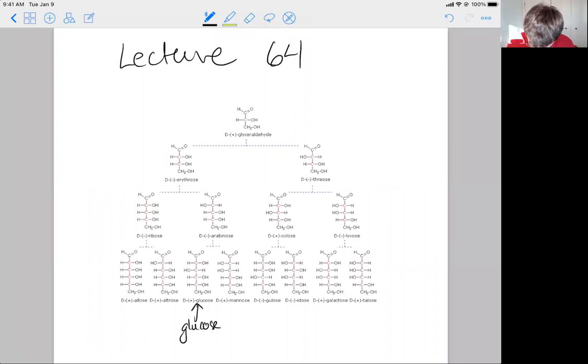We see down here glucose, and we have galactose.